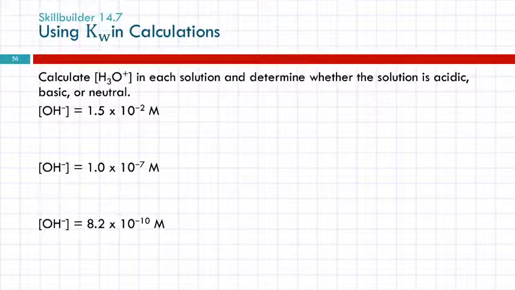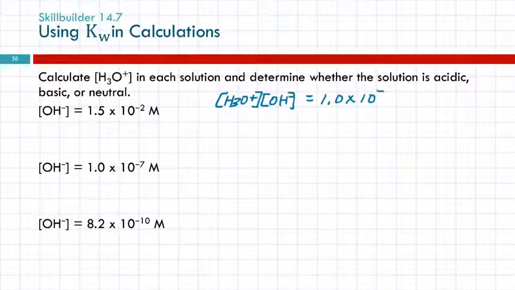So let's calculate the hydronium ion concentration in each of these solutions. I don't think we need to do all three of them. So we're given the hydroxide ion concentration. The relationship that we need here is that the hydronium ion concentration times the hydroxide ion concentration is equal to 1.0 times 10 to the minus 14.